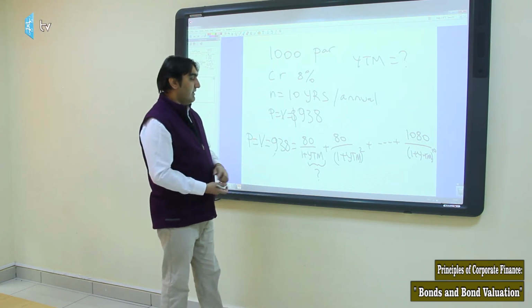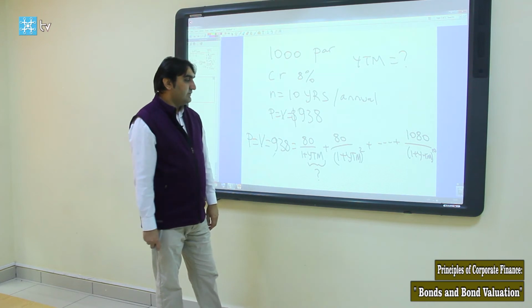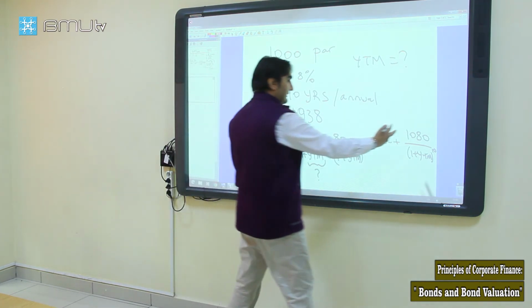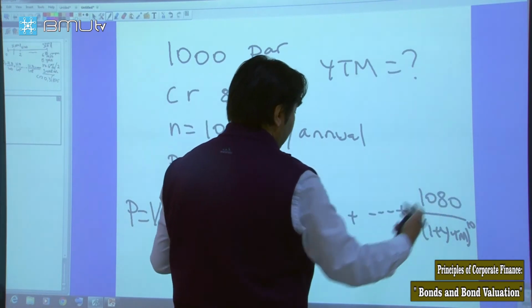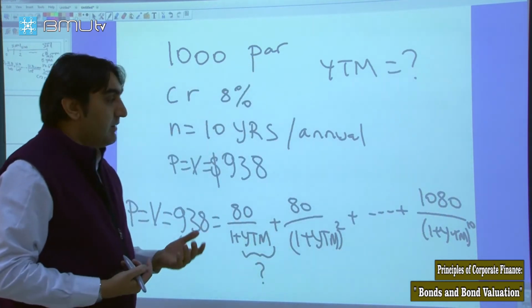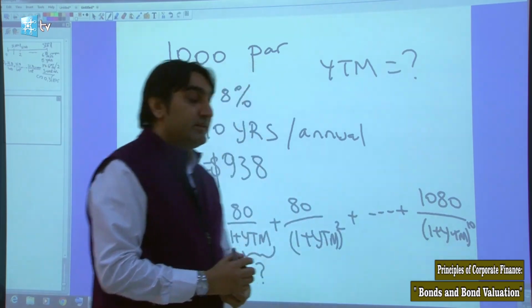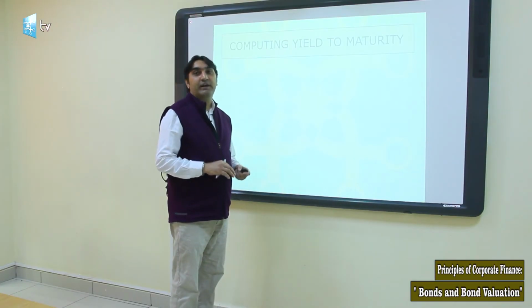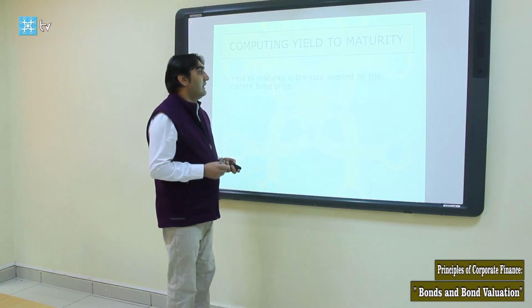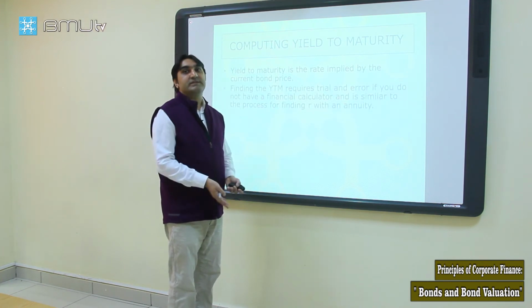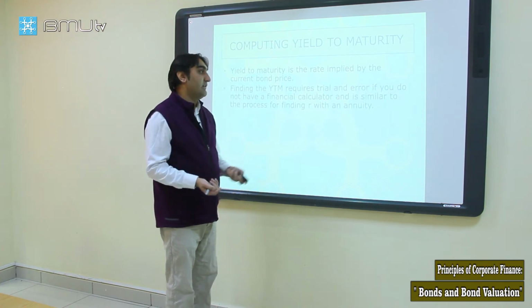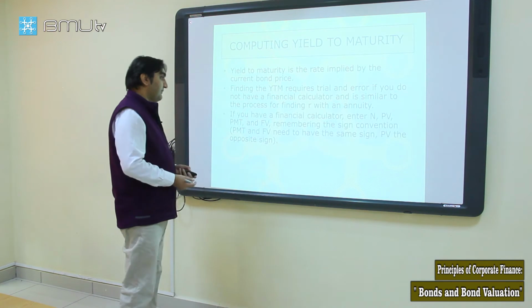Mathematically, you see it's difficult to calculate. This $80 is an annuity, but we have a lump sum here. Thus, we cannot easily find this yield to maturity, but thanks to Microsoft Excel or financial calculators, we can easily find this rate.